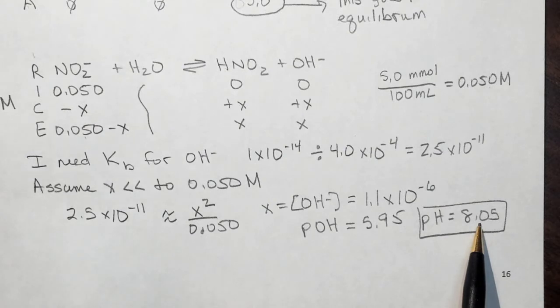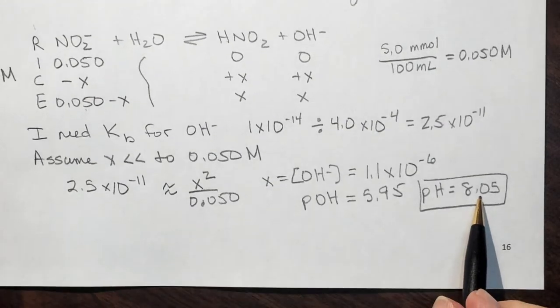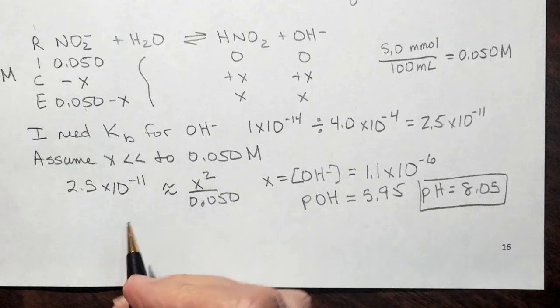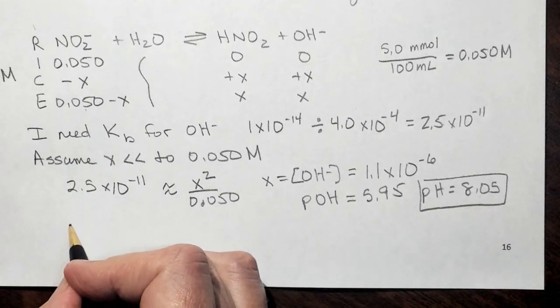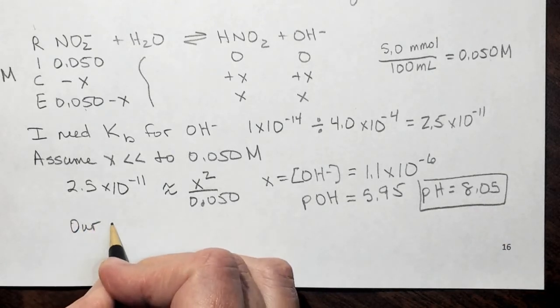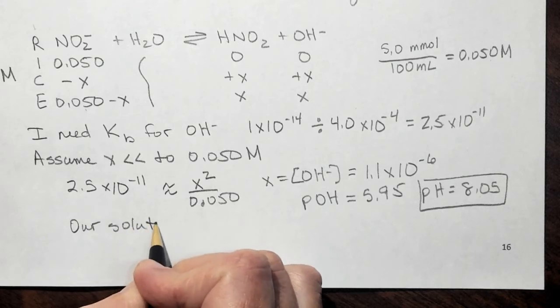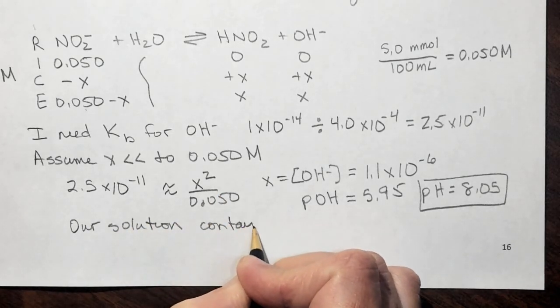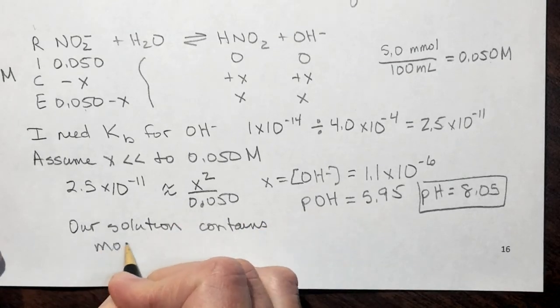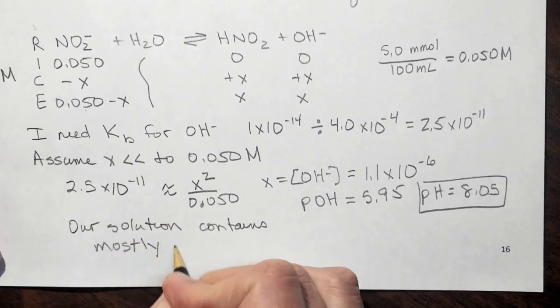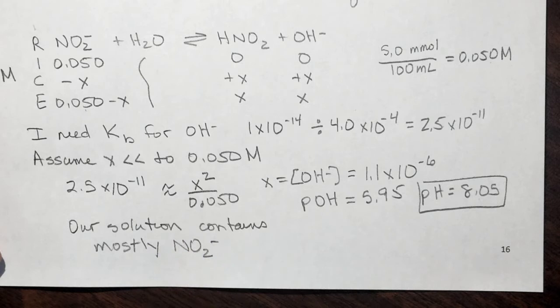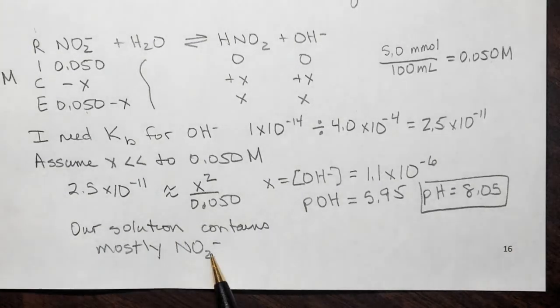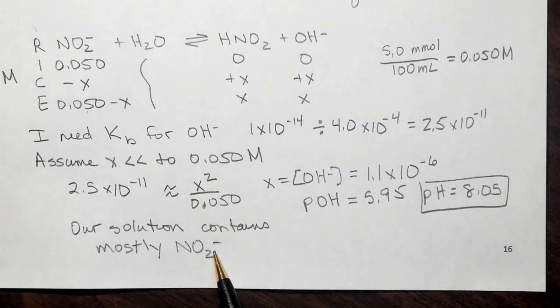In terms of what we have in solution at this point on the titration curve, our solution contains mostly the nitrite ion, NO2 minus. Now we're ignoring water. This is characteristic of the equivalence point for titrating a weak acid.